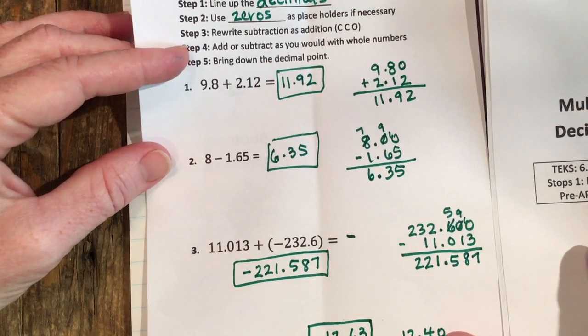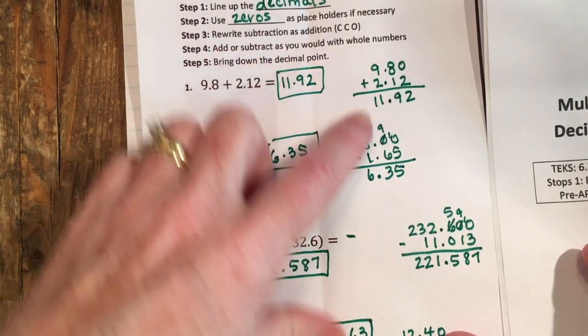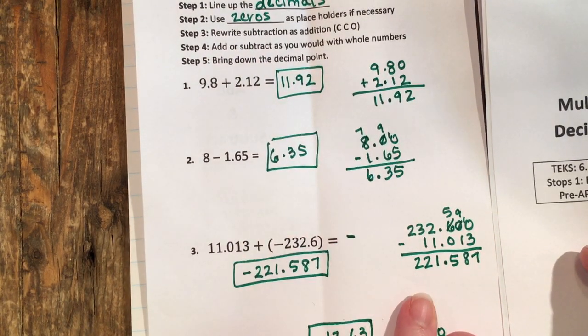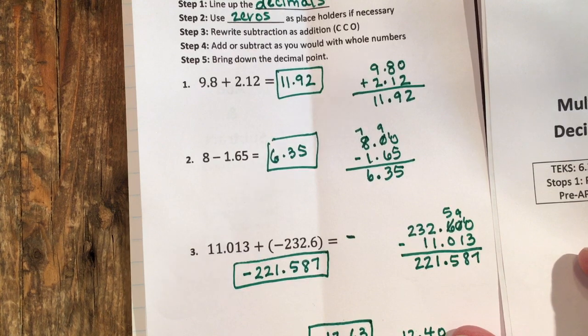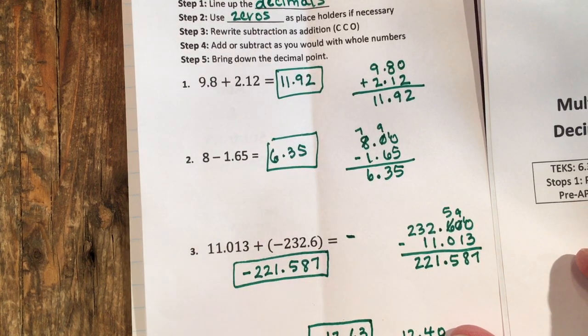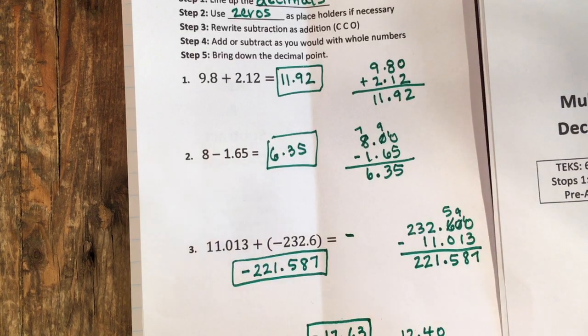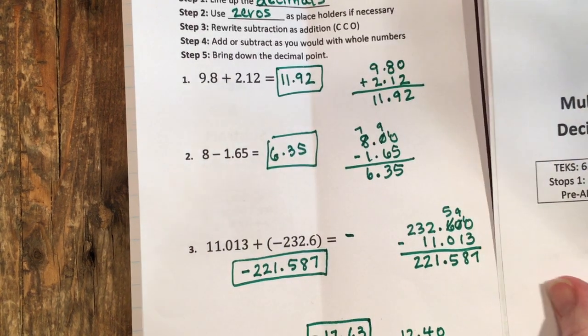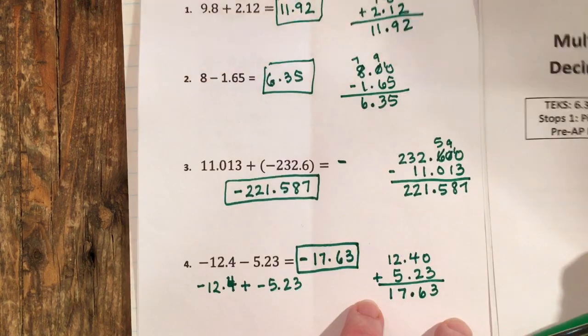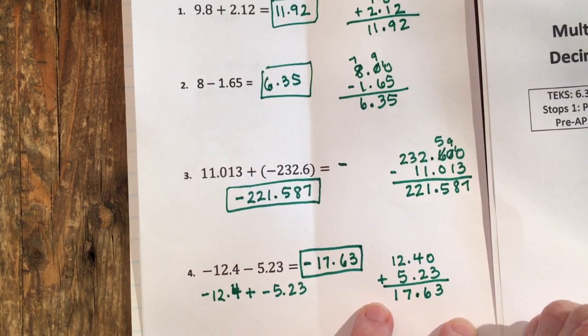All right, so to sum it all up, when we're adding and subtracting decimals, we want to make sure we're lining up the decimal point and filling in zeros. But we also need to pay attention, now that we know about positive and negative numbers, that we consider them before we add or subtract. So if it's subtraction, you might want to go ahead and rewrite it as addition first, and then you're going to have to look at the signs.